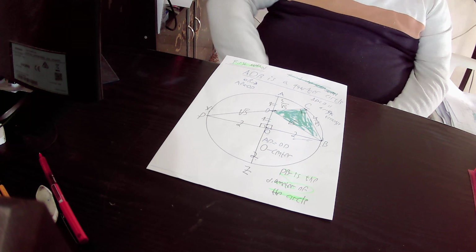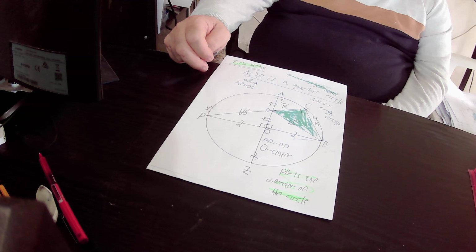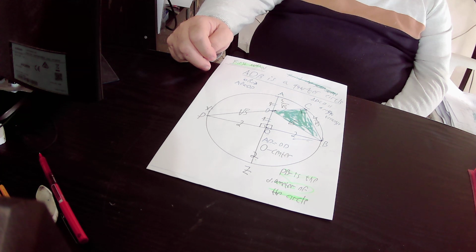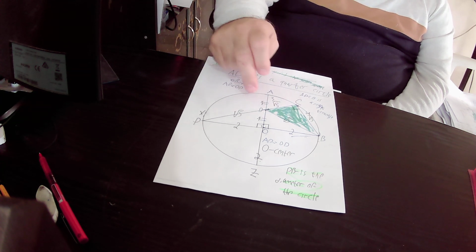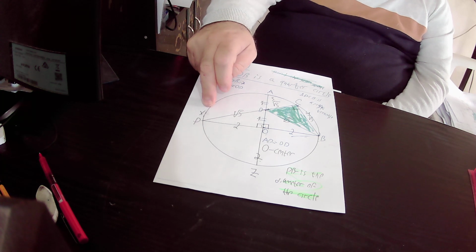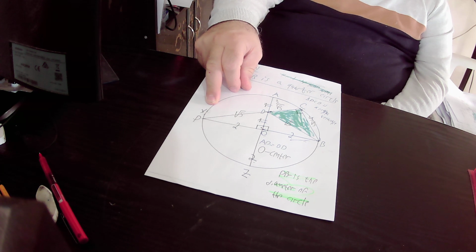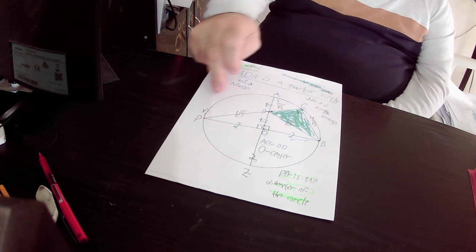Then we extended side CD by a straight line until it touches the circle, and we don't know at which point it will touch the circle, so we will assume that the extended side CD will touch the circle at point X. Okay? So we actually created here peripheral angle BCX.